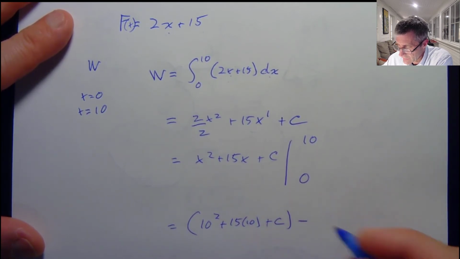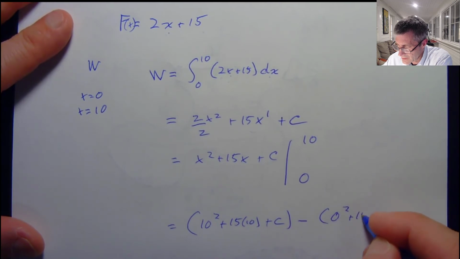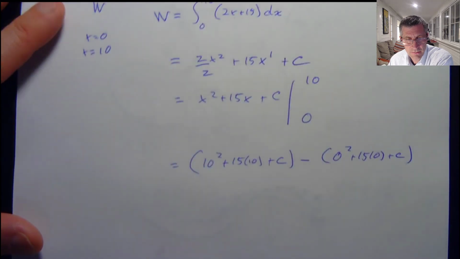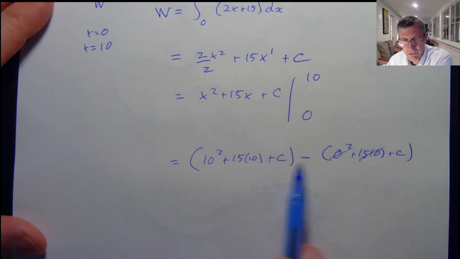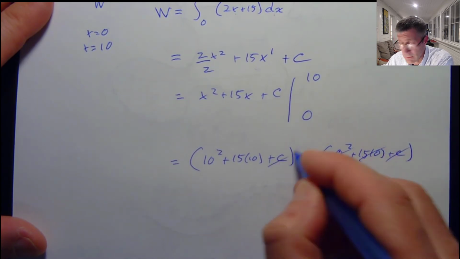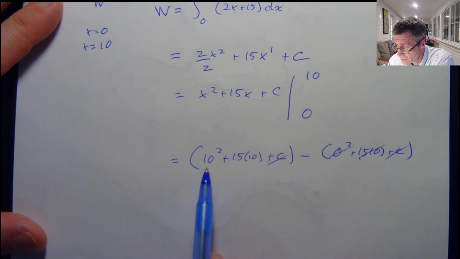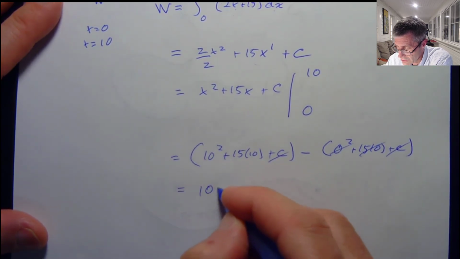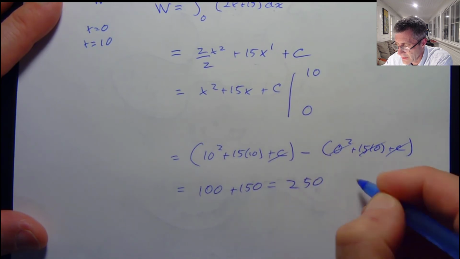And I'm going to subtract from that what I get when I plug in 0, which is 0 squared plus 15 times 0 plus c at the end. Notice now I have plus c and minus c, so my constant goes away when I have definite integrals. So I'm going to be left with 100 plus 150, which is going to be 250.